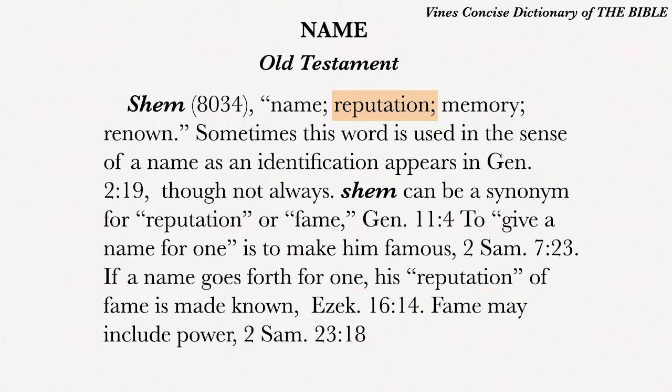So what is a reputation? A reputation is a way of doing things that people know you by. When a person is known for doing things a certain way, that style of doing things becomes the reputation of that person. For example, today we can say the Most High has a reputation of defending the children of Israel. Why?